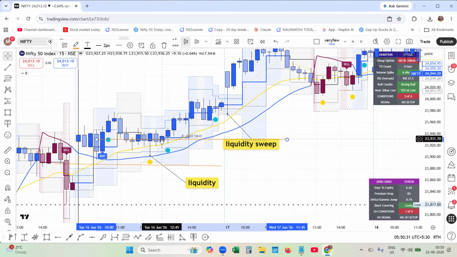If you look at the data, you miss the trade. In front of your eyes you are getting the data, everything, concepts, everything, and you are trading with the concepts.